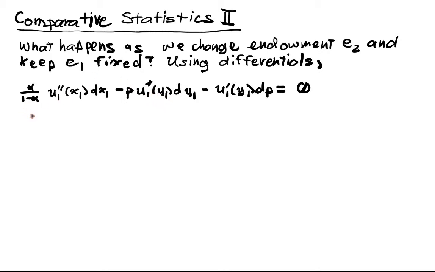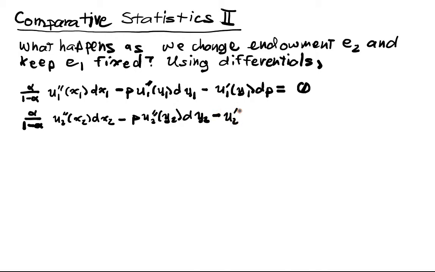Similarly, we write down the differential for consumer 2's utility constraint: x2 dx2 minus p u2 double prime y2 dy2 minus u2 prime of y2 dp is equal to 0.